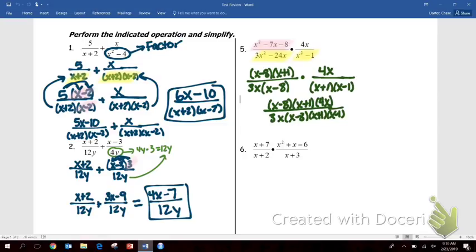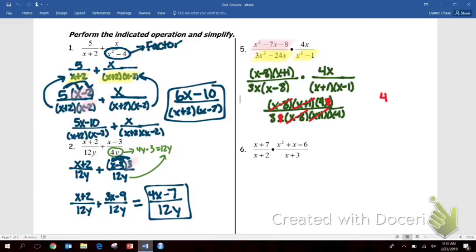And then we see what we're allowed to cancel out. So I have x minus 8, x minus 8. I have x plus 1, x plus 1. I have an x right here and an x right here. And then I can't do anything with the 4, the 3, or the x minus 1.